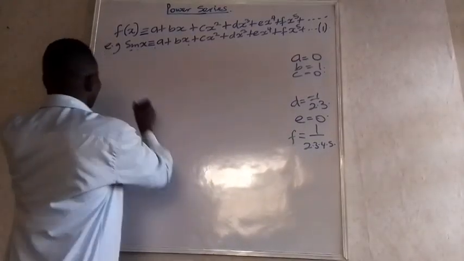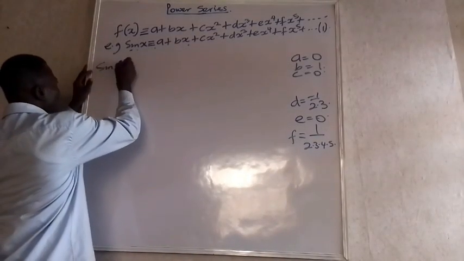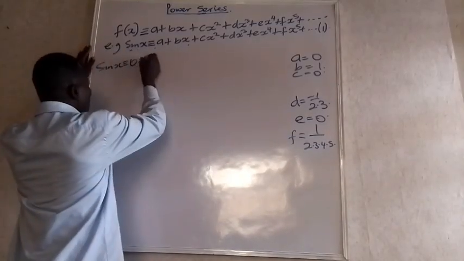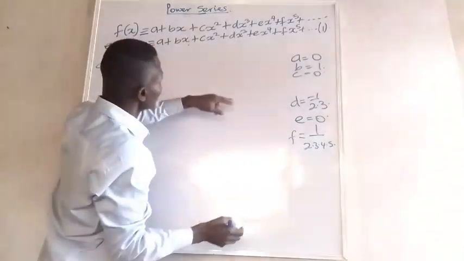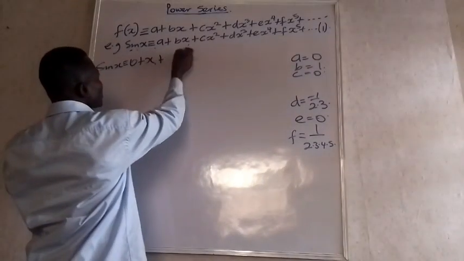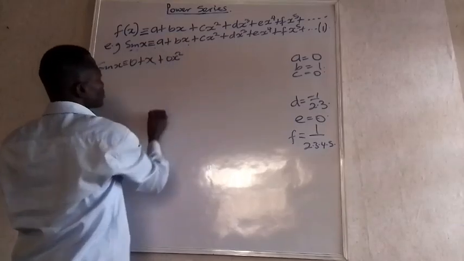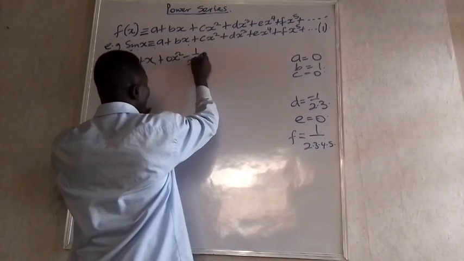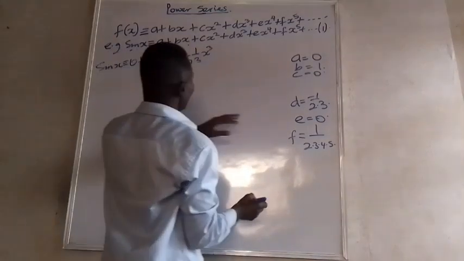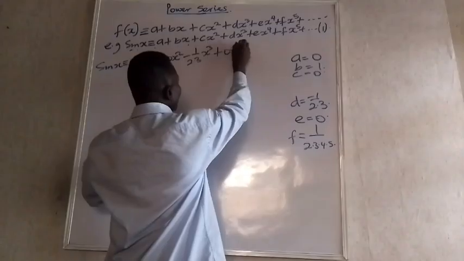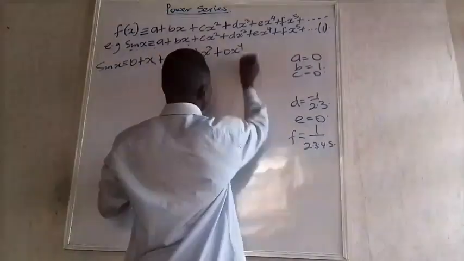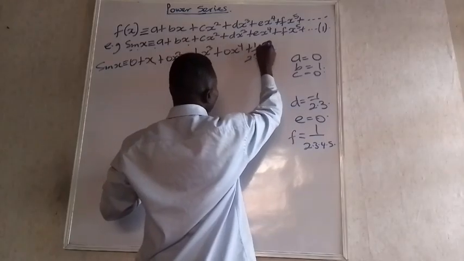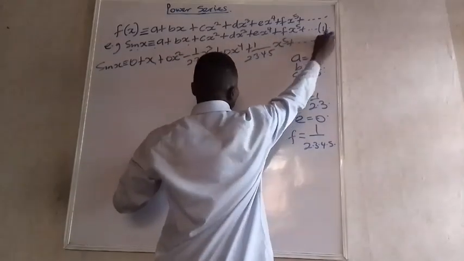Therefore, sin x can be written again as 0 plus x plus 0x squared, minus 1 over 2 times 3 x cubed, plus 0 x raised to the power 4, plus 1 over 2 times 3 times 4 times 5 x raised to the power 5, and it goes like that.